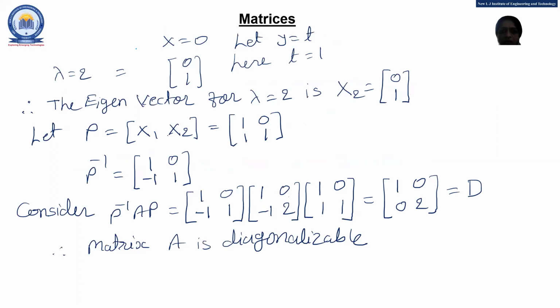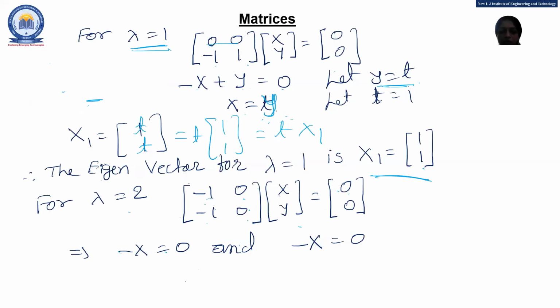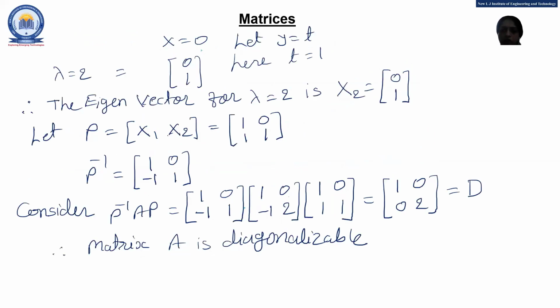So we can say that x equal to 0, but there is no indication for y, so y is free. So y equal to t, and suppose we assume that t equal to 1.